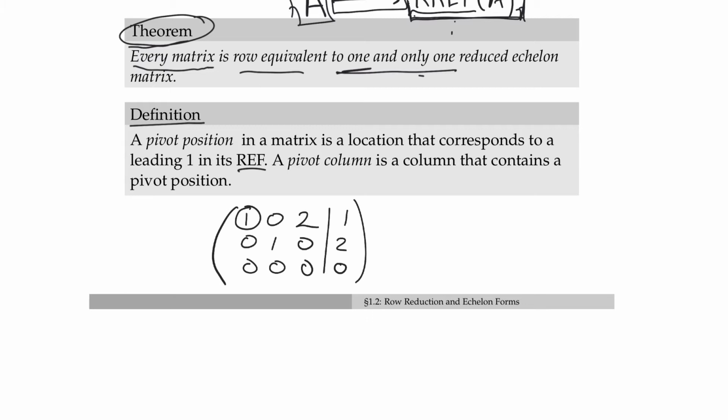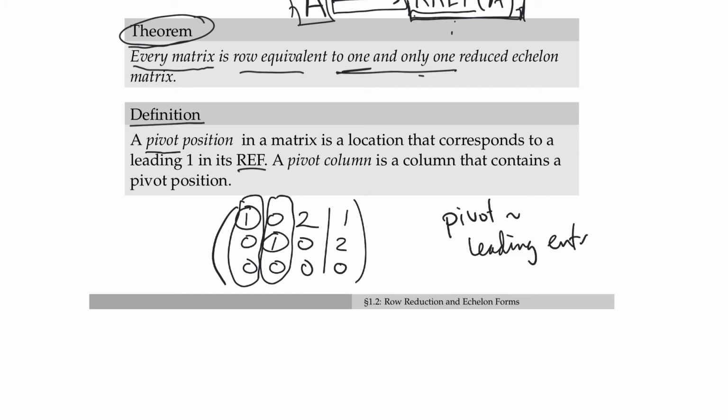This and this, these are pivot entries, and these are the pivot columns. You'll find that some books will use the word pivot interchangeably with a pivot position or a leading one. So be mindful of that. Pivot is essentially the same thing as a leading entry. People use them synonymously.